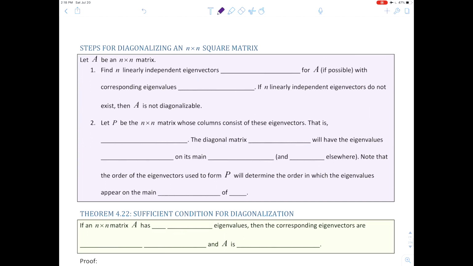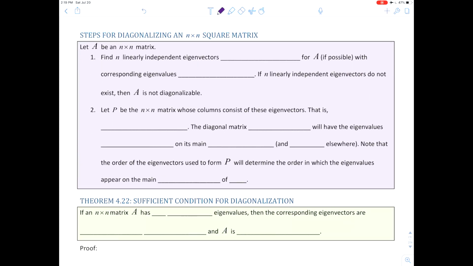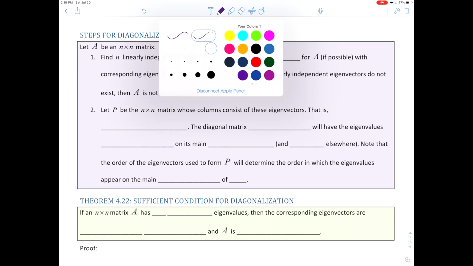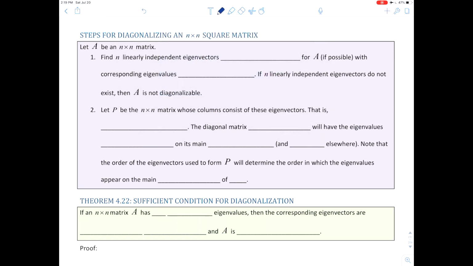All right, so let's look at steps for diagonalizing a square matrix. Let A be an n by n matrix. First, we find n linearly independent eigenvectors, P1, P2, all the way down to Pn. You do that by finding a basis for the space, with corresponding eigenvalues lambda 1, lambda 2, all the way down to lambda n.